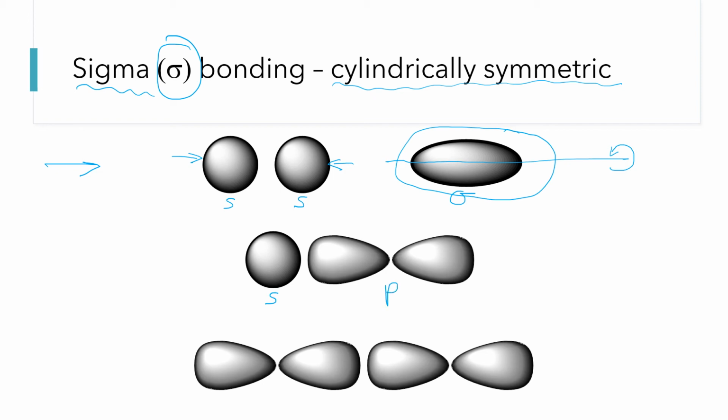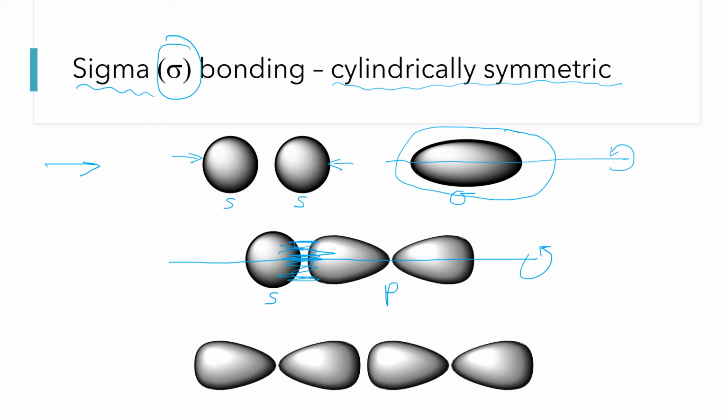If these move close enough that we see overlap between them, the resulting orbital will be a sigma bond, because if we skewered all of the nuclei and rotated it along that skewer, we would see the same thing no matter what angle we rotated it at.